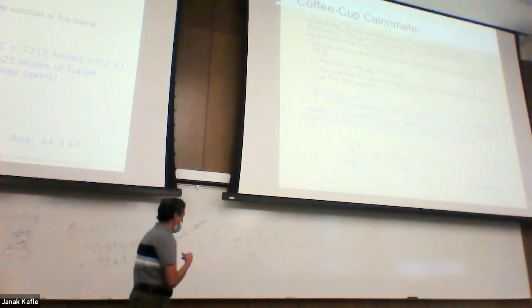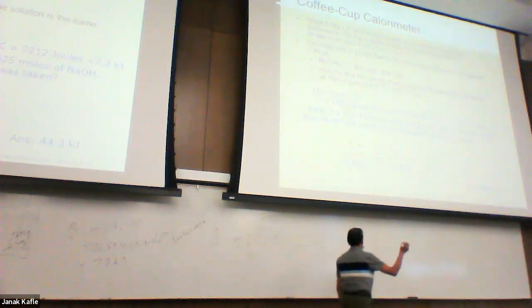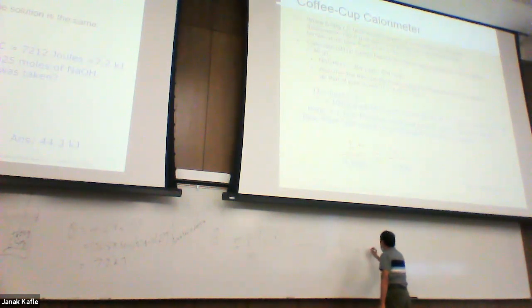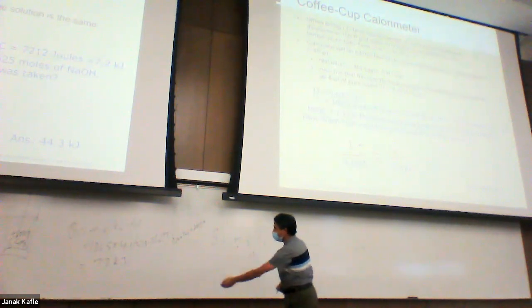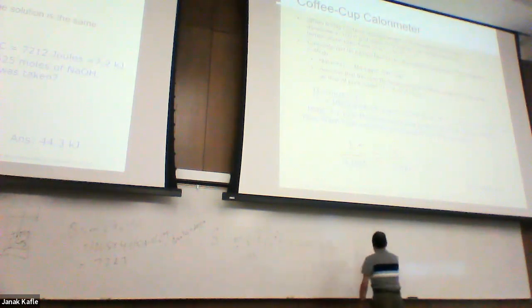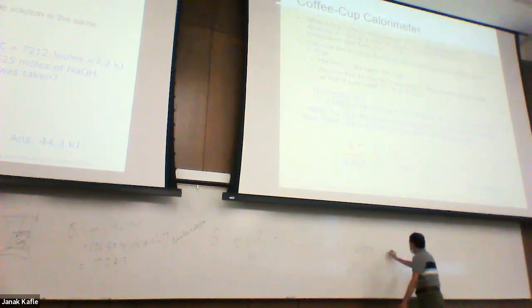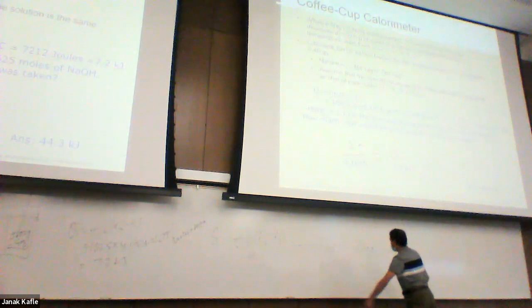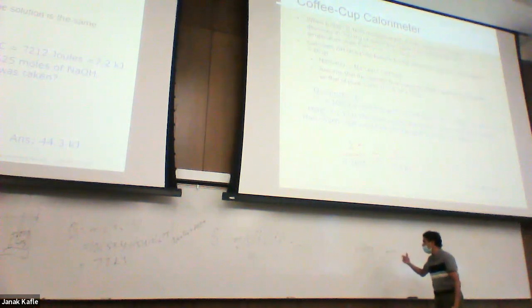Now it is asking how much heat I got from 6.50 gram of sodium hydroxide. We got 7.2 kilojoules. But it is asking how many kilojoules per mole, in 1 mole.